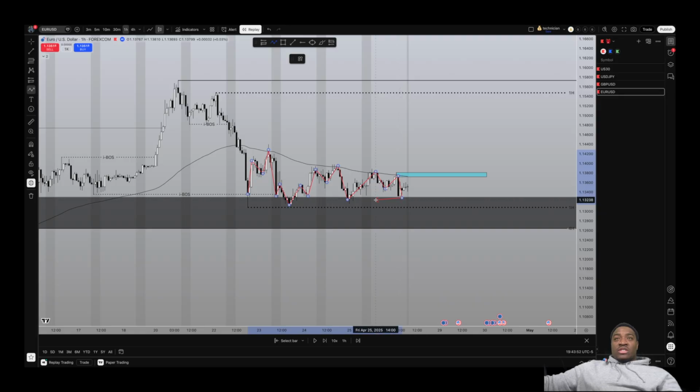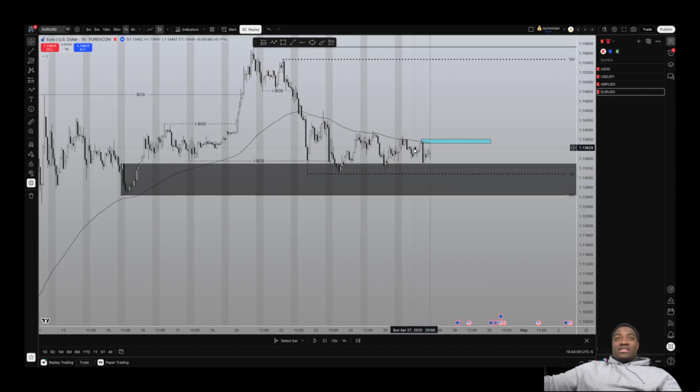Boom. This is getting retested so many times and it's not doing anything. So I think that we're going to come up here, reject this EMA, keep coming down. And we're going to eventually break through this 4 hour low. That's what I think is going to happen. I could be completely wrong, but let's see.